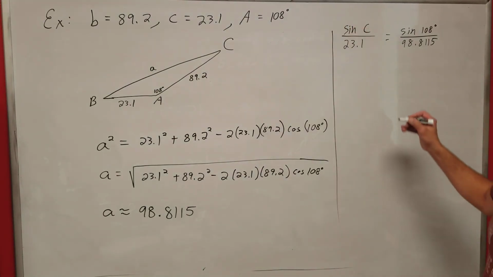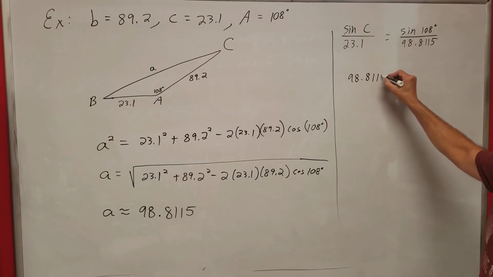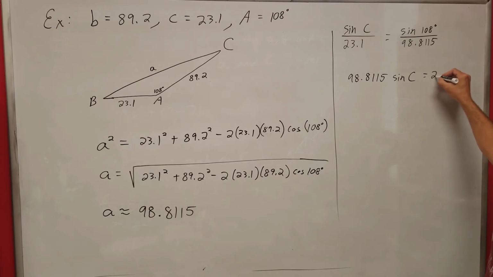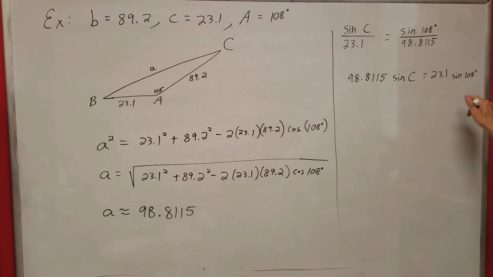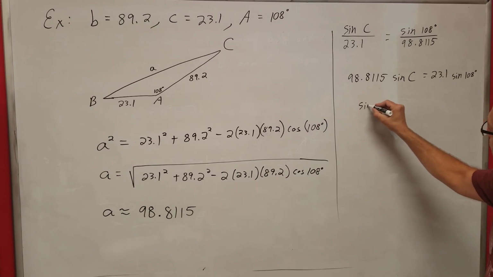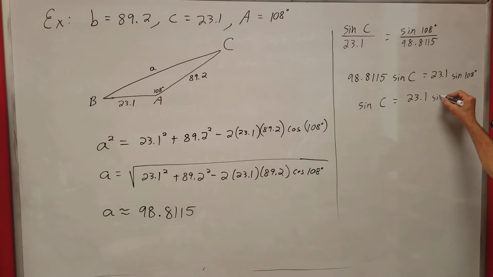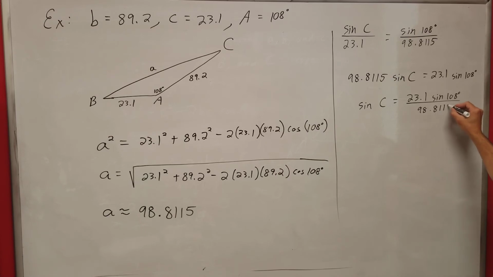All right, so cross multiply and you get what? 98.8115 sine of C is equal to 23.1 sine of 108 degrees. Now divide both sides by this 98 number. And you get the sine of C is equal to 23.1 sine of 108 degrees over 98.8115.